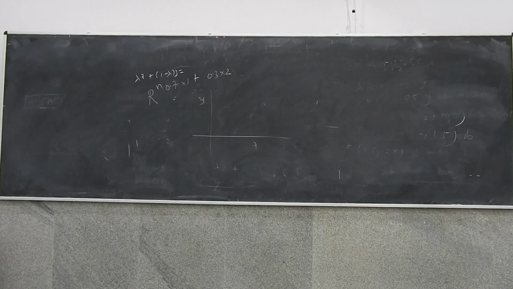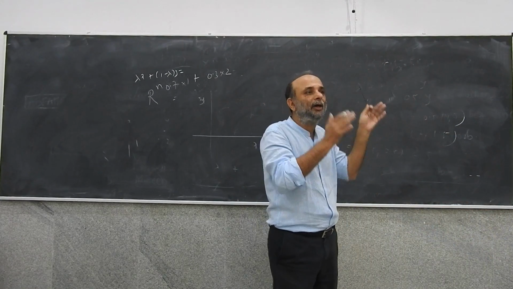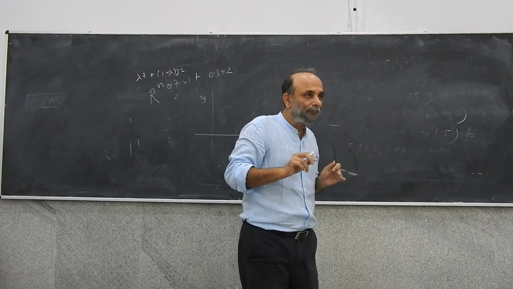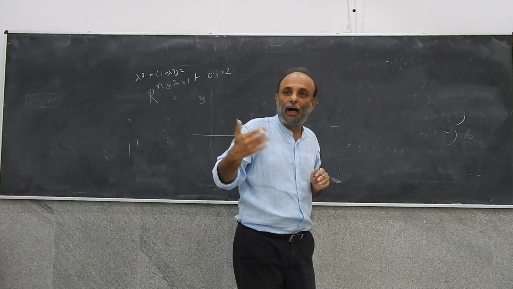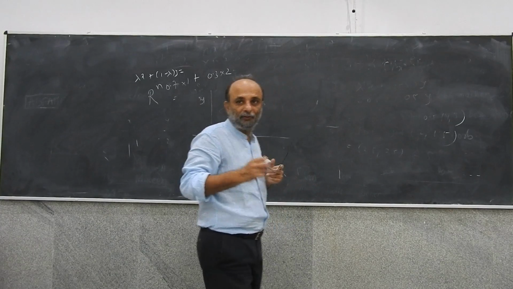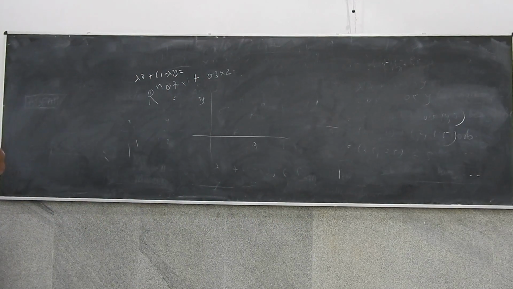We think of this utility as a real number. So you consume some x, some y, and you get some real number r. So what you will be defining is a utility function from R2 to R. Utility function is really some function from R2 to R.